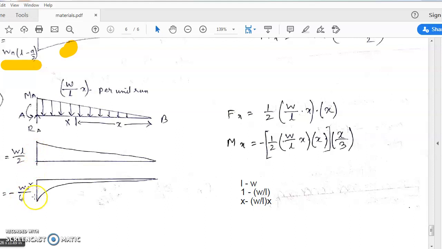That is positive and that is negative. So this is the example of the basic type of UVL for a cantilever beam.